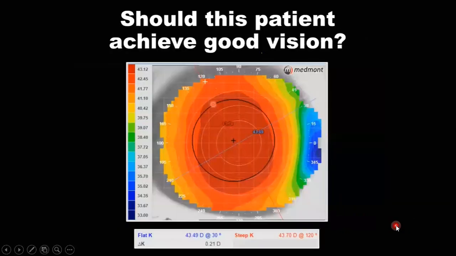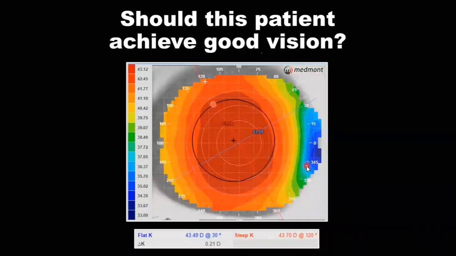So before moving further, these are a few questions that I wanted all of you to answer. I already explained some of the color coding, by which you can identify how the cornea shape is. This is a picture of a patient's cornea.